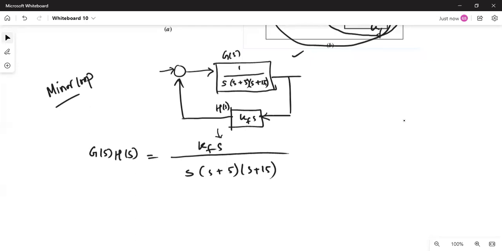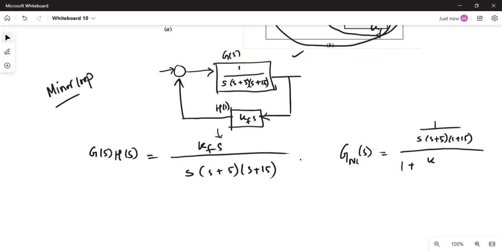So if you try to find out the overall transfer function of the minor loop, your G minor loop transfer function, if you try to figure it out, then 1 over G of S, that is 1 by S times (S plus 5)(S plus 15), then 1 plus KF.